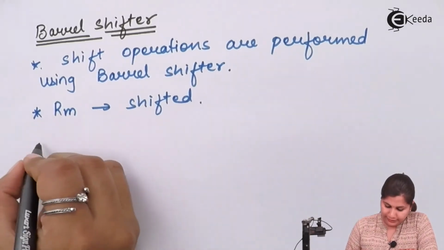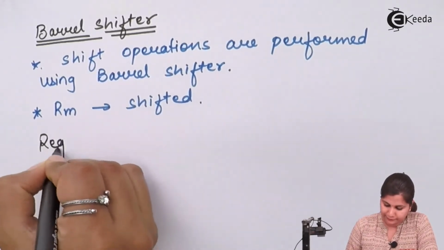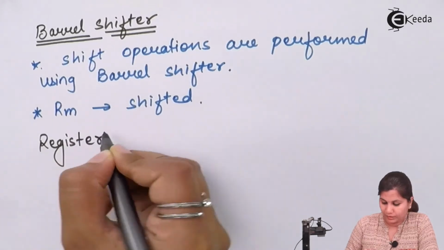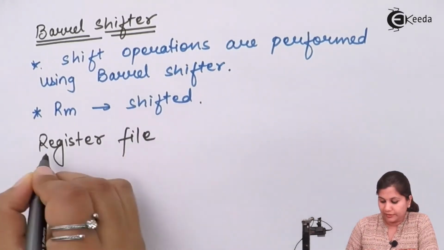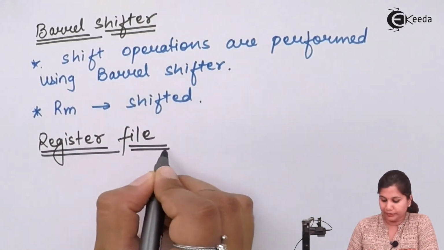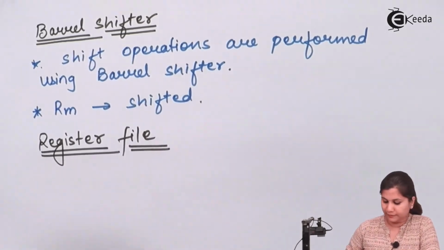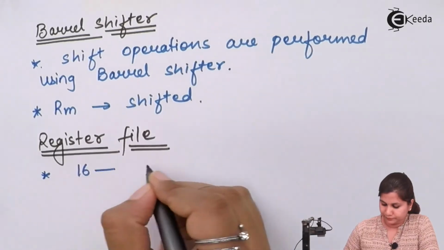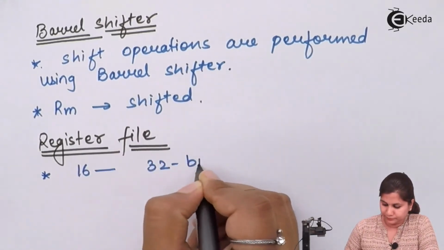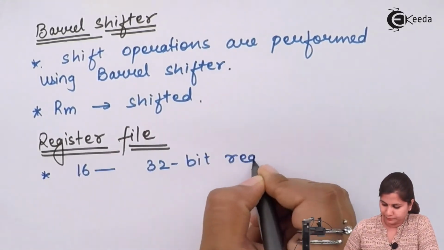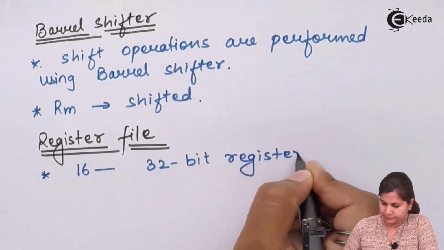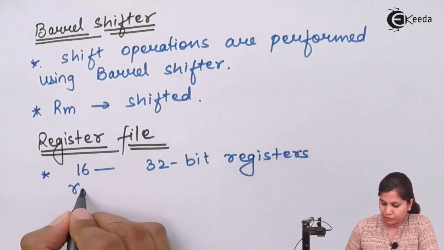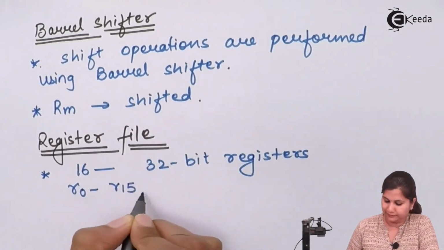After that, the next is the register file. In the ARM processor, there are 16 32-bit registers, from R0 to R15.